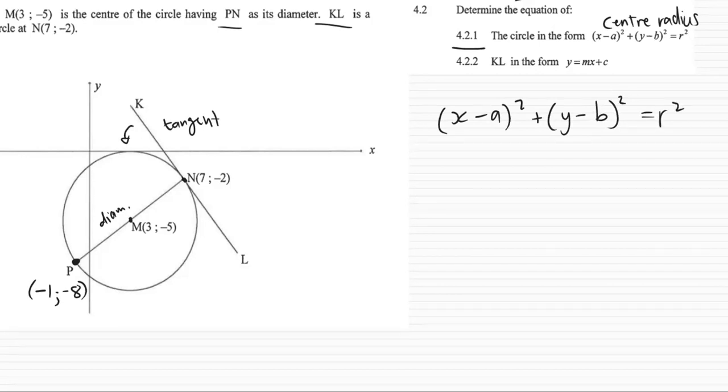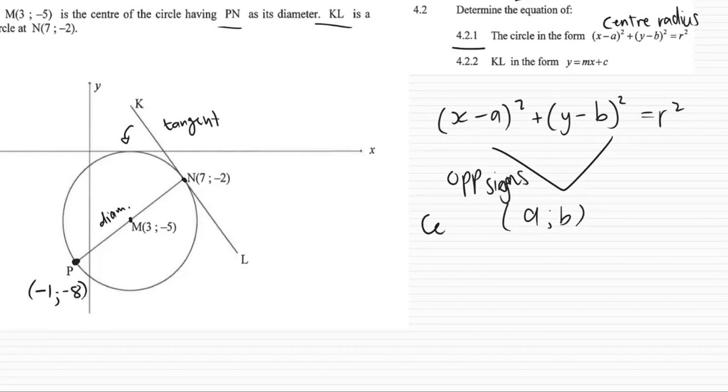This a and b is the center point of the circle with opposite signs to what is here, whereas this r is the radius of the circle.